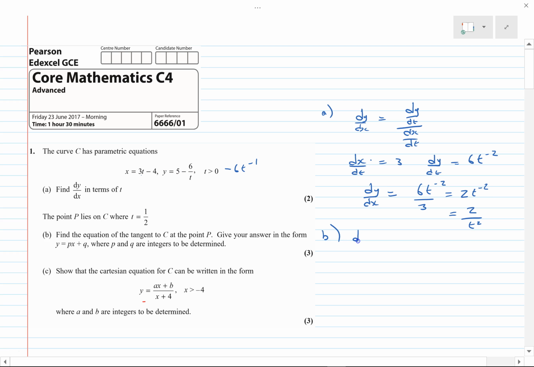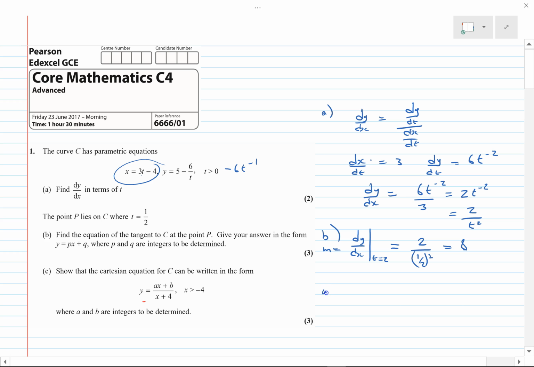So dy by dx, when t equals a half, we're going to need that, the gradient, is, just putting a half into there, 2 over a half squared, which is 2 over a quarter, which is 8. And then we also have to work out the coordinate.